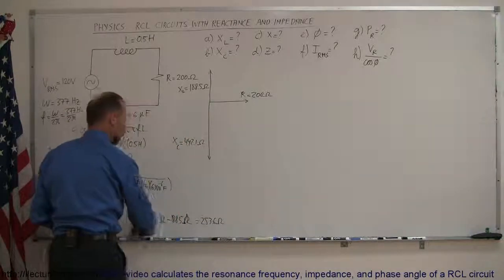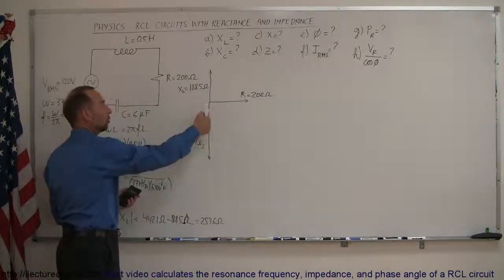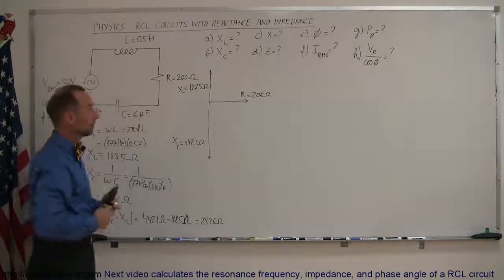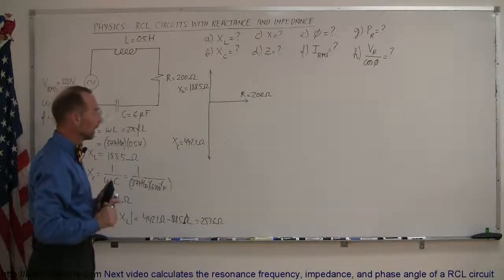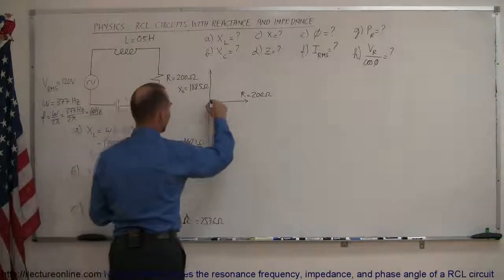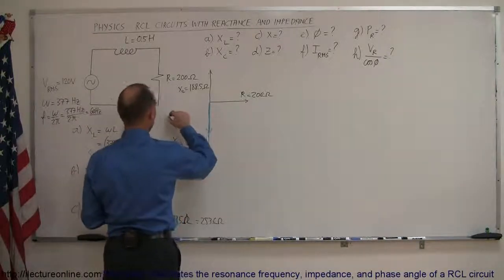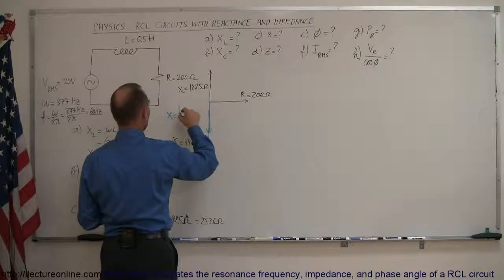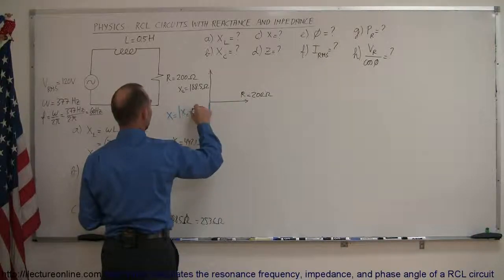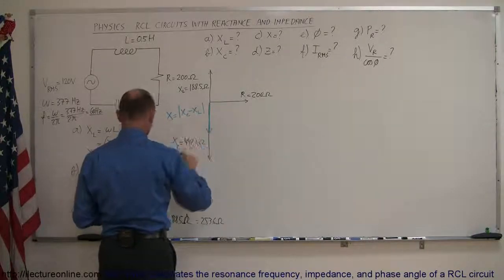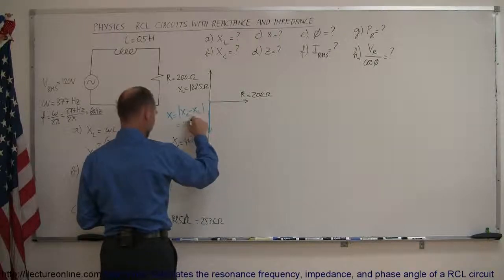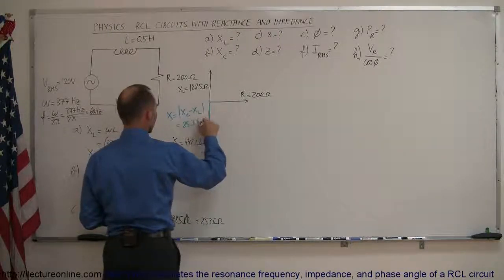That's the reactance. And notice what we do here when we add these two components together. You will end up with a net reactance right here, X, which is equal to the difference between these two, so X sub C minus X sub L, and in this case that would be equal to 253.6 ohms.